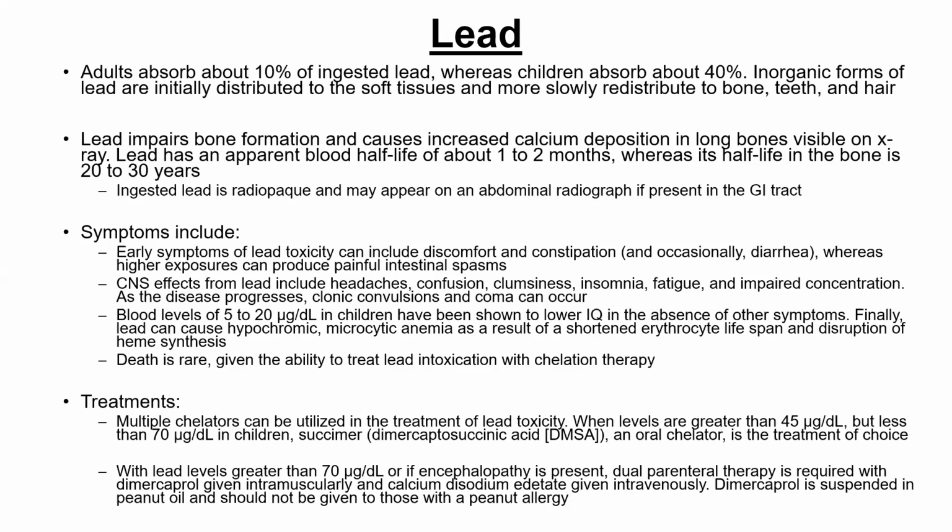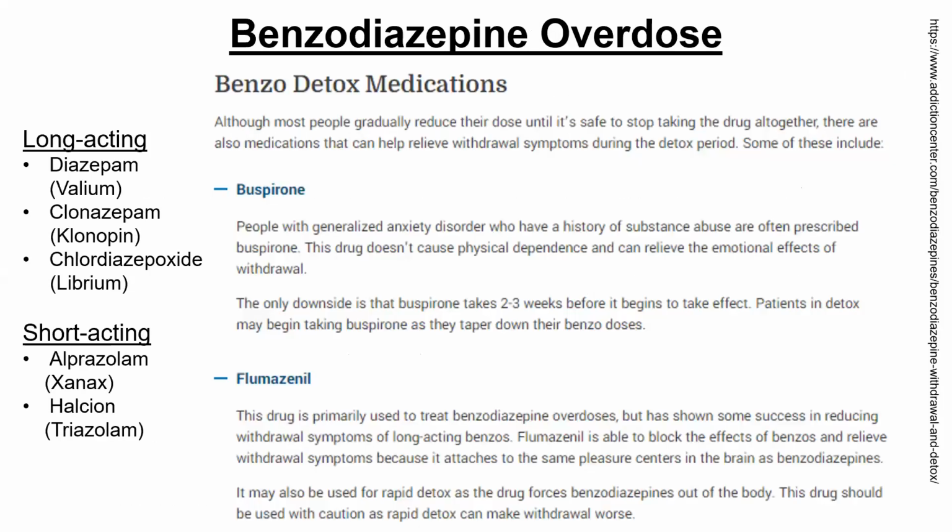So these are the two treatments based on the levels of lead. One piece of caution: dimercaprol is suspended in peanut oil, so anyone who is allergic to peanuts should not be given this drug.